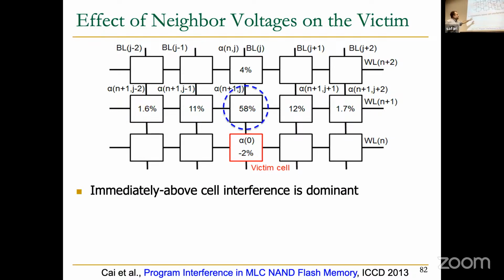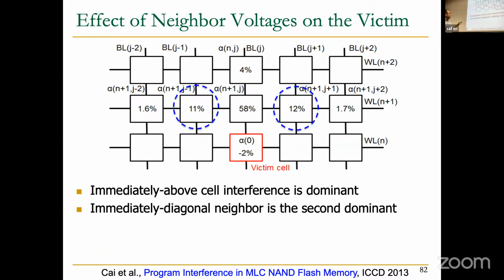And so these are some of our findings. Immediately-above cell interference is dominant. You can expect that, right? This is the victim cell, and the immediate above cell has the highest interference on it. The immediate diagonal neighbor is the second most dominant.